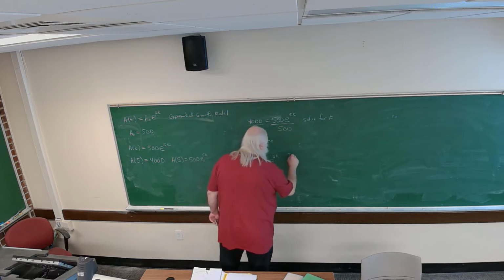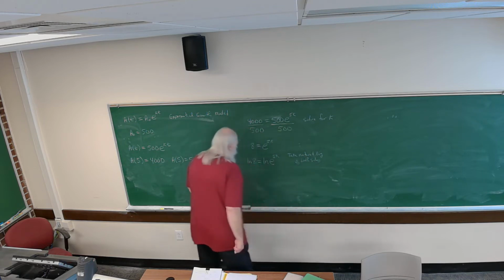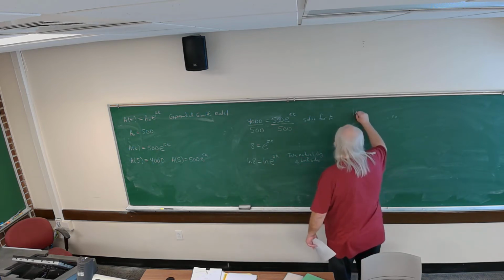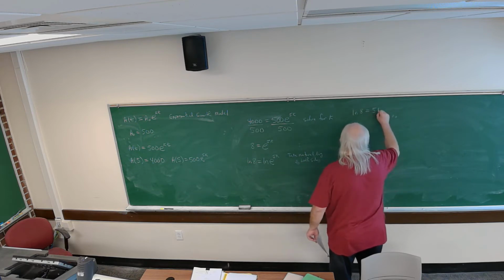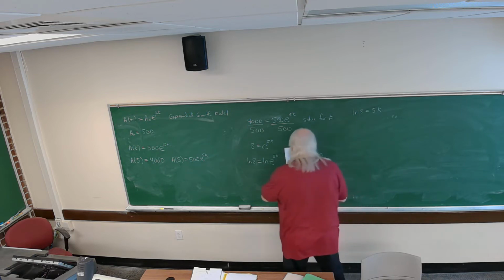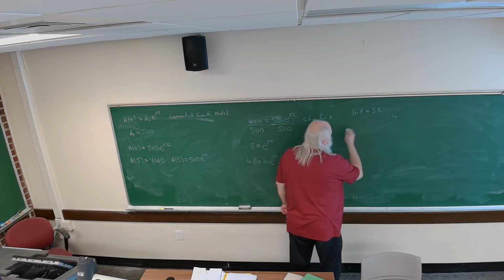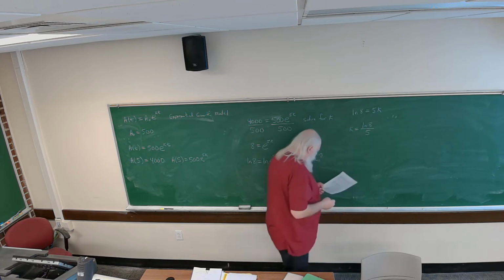By a property of the natural log function, the right-hand side is just equal to the exponent 5k. And now we can divide both sides by 5 to solve for k. When I switch the two sides, I get the growth rate k is equal to the natural log of 8 divided by 5.